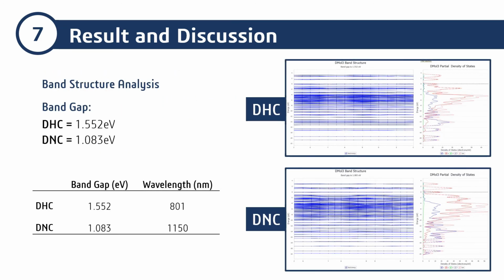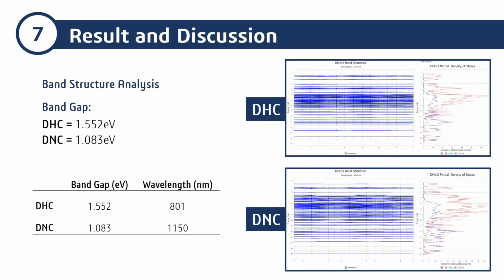From the band structure analysis, DHC has a 1.552 eV band gap, while DNC has a 1.083 eV band gap. Therefore, DHC has a wider band gap than DNC. This gives DNC a slight advantage in excitation energy compared to DHC.